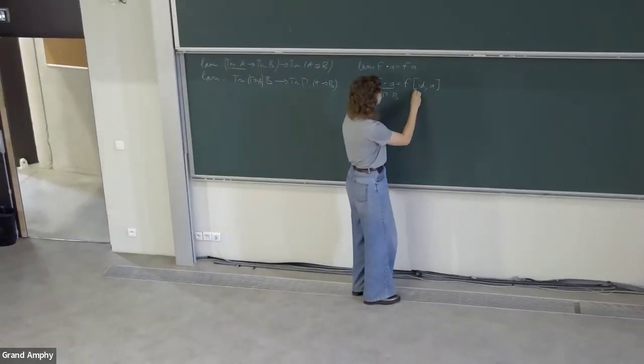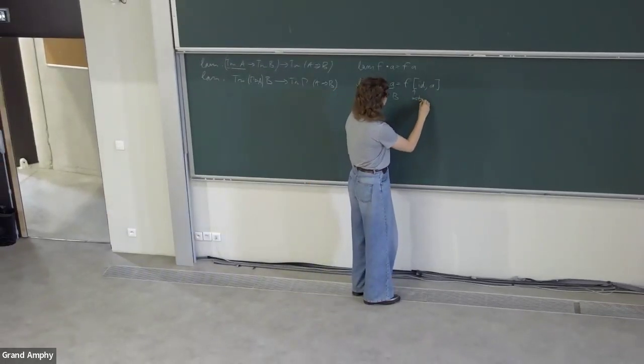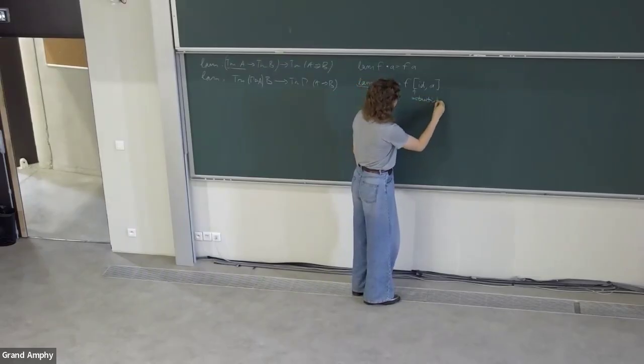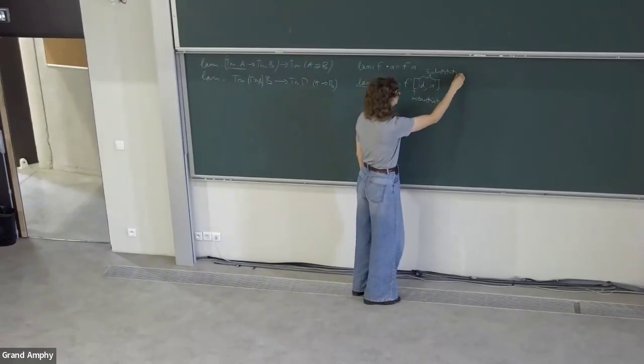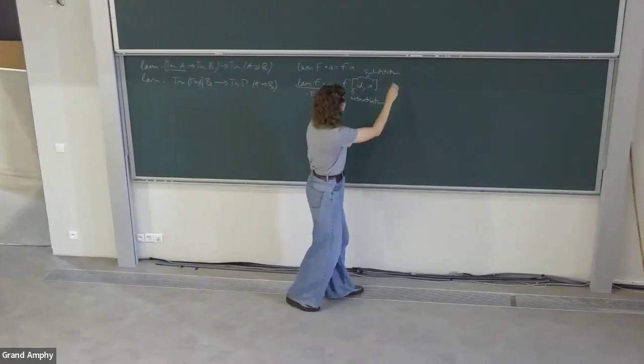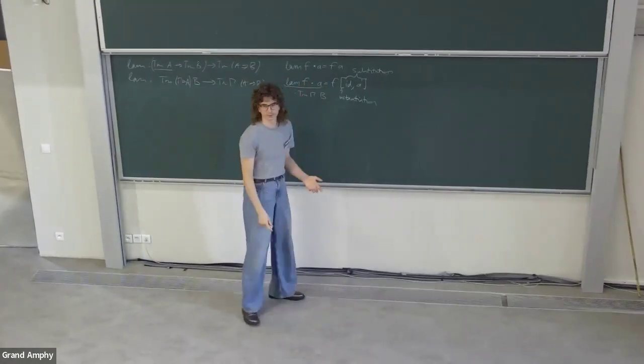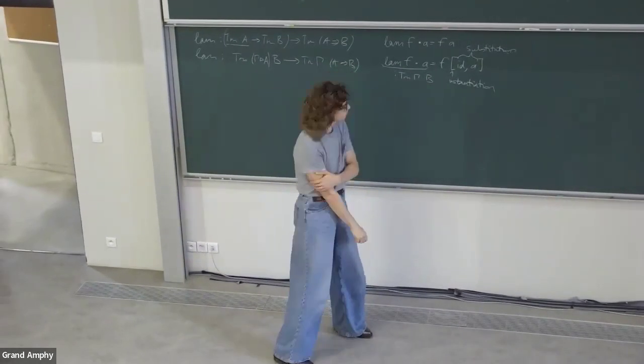So this bracket is called instantiation. And the thing that I can write inside the bracket, that's what we call a substitution, right? Some people call the bracket also substitution, okay?